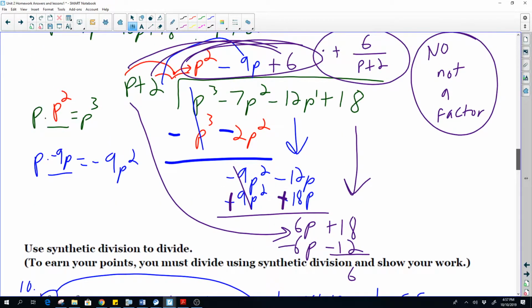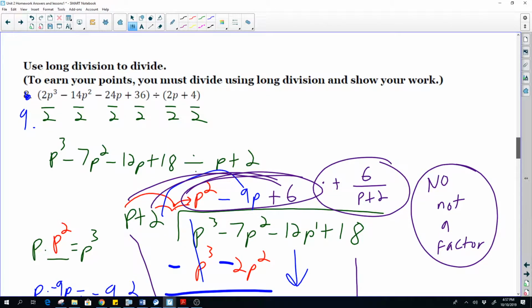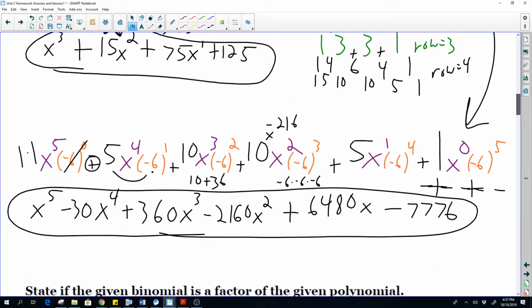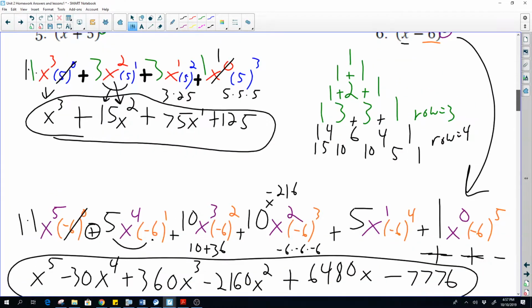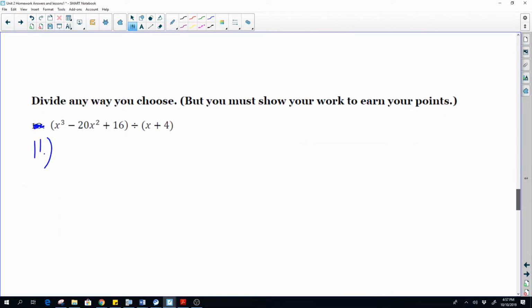So this is supposed to be 9, this was supposed to be 8, and this one was supposed to be 7. Everybody makes mistakes. There's 6. So 6, 7, 8, 9, 10, 11.